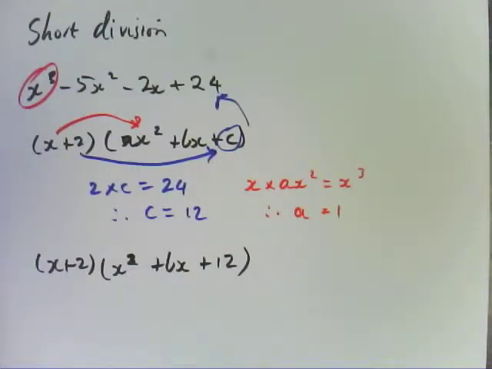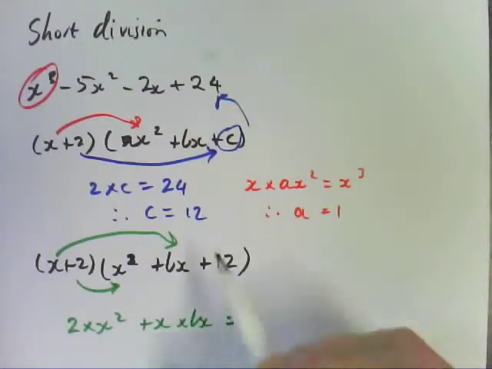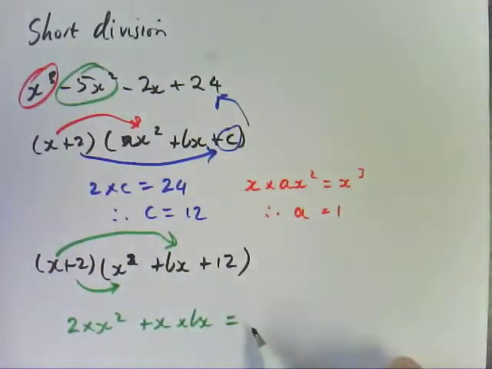So, 2 times x squared, plus x times bx, must equal negative 5x squared. Can you see how that's going to work?